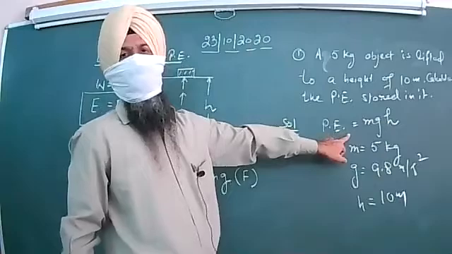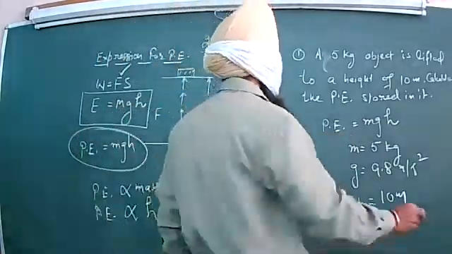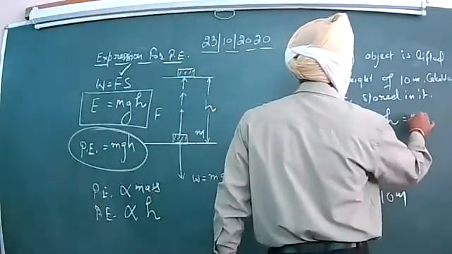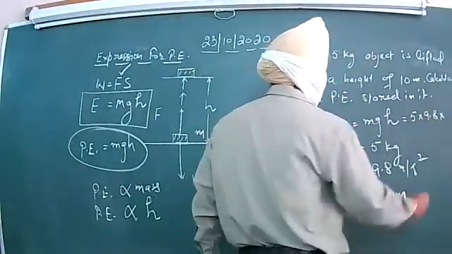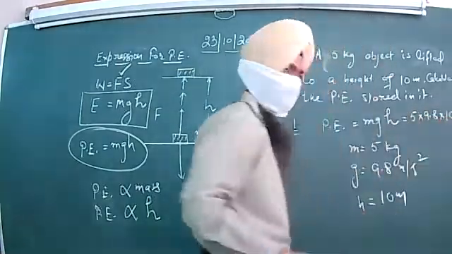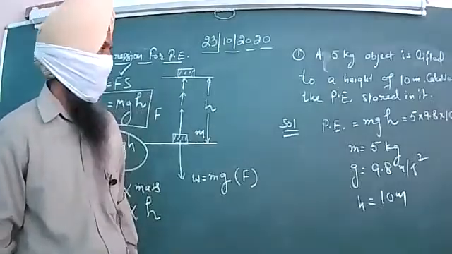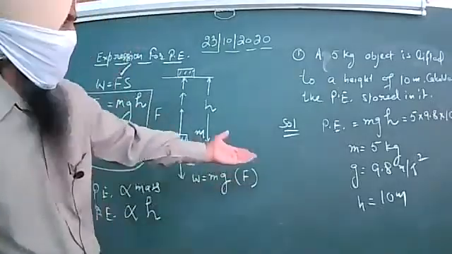I will just substitute the values. M is 5, G is 9.8, H is 10. After substituting all these values, let us solve this.